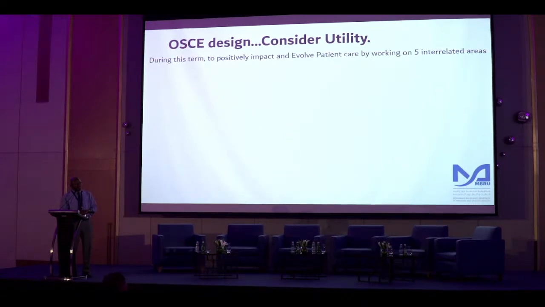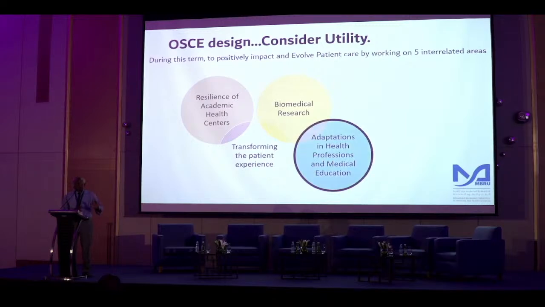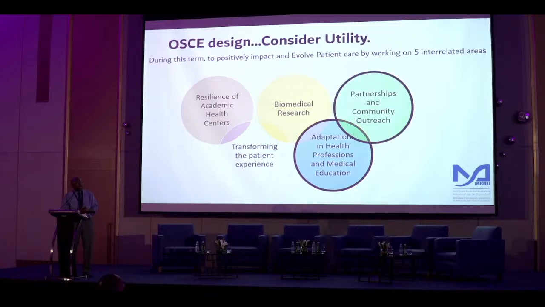And it's good news that the Dubai Academic Health Corporation, once recognized as holding the secretariat for the Academic Health Systems Group, has put up what was thought to be the focus for the academic health system and the region, which are mainly in 5 areas. I would just want to emphasize one of the areas, which is adaptation in health professions and medical education as a key component.